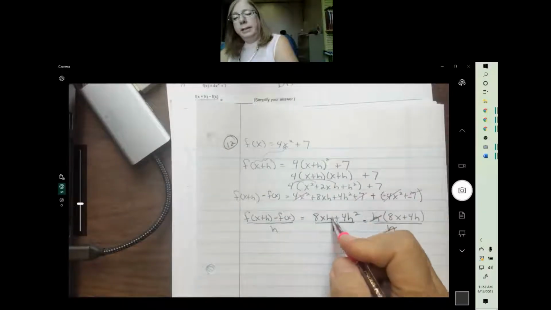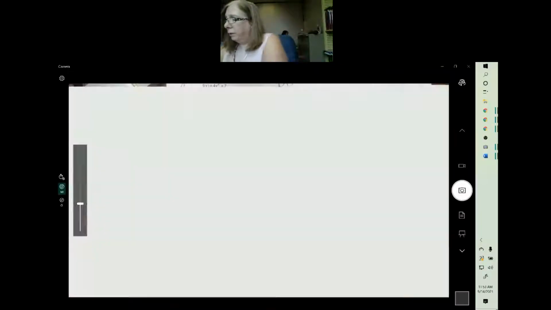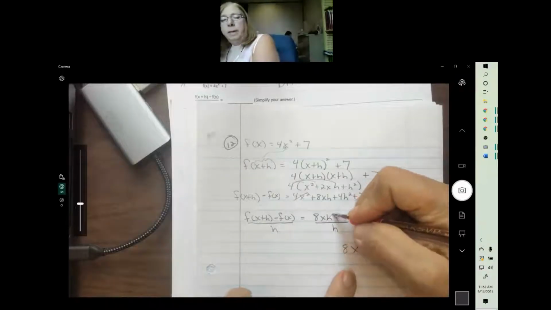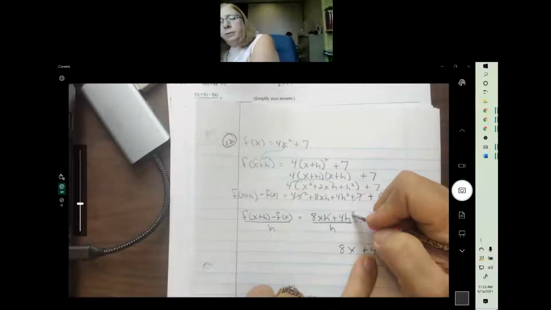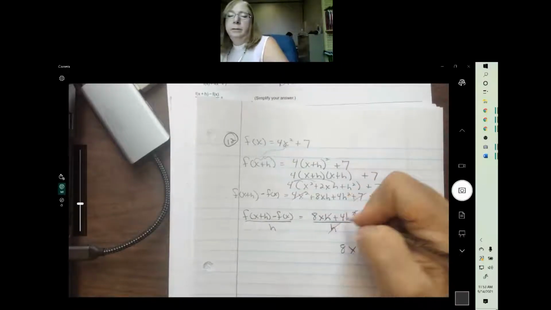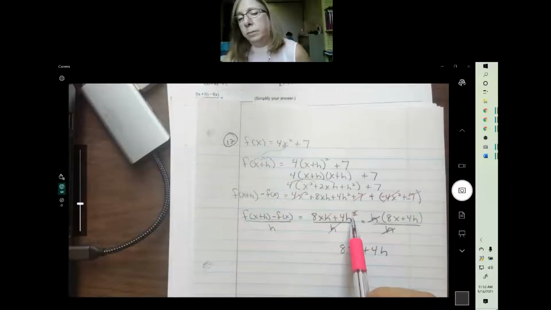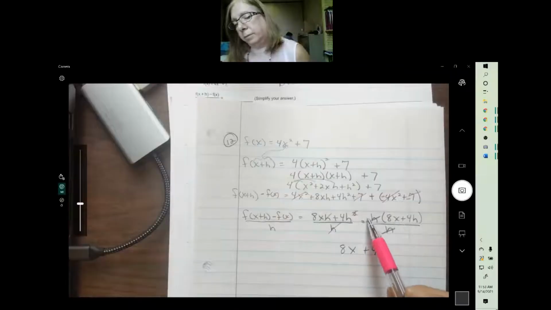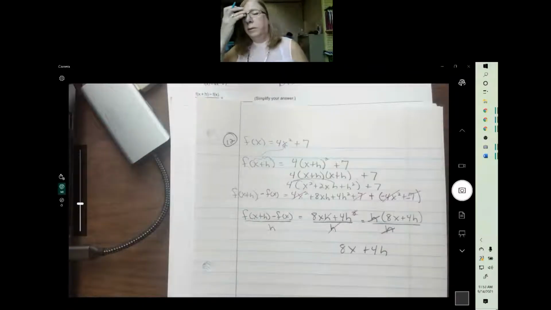There's 1, 2, 3, and I can take an h out of each of them. So if I take 1h here, I'm left with 8x. If I take one of the h's here, then I'm left with 4h, and I'm getting rid of the h in the bottom. So you can cancel one from each term, or factor out and then cancel. Any questions on that one?